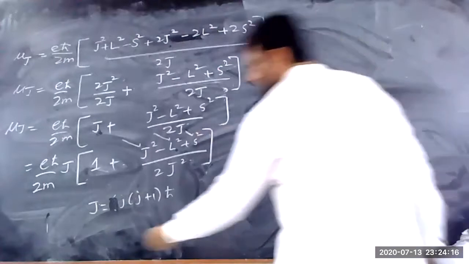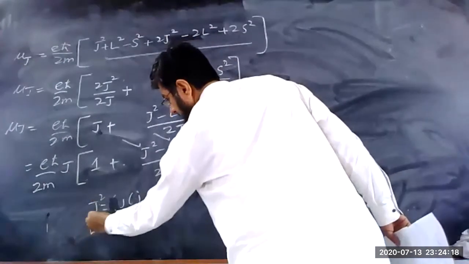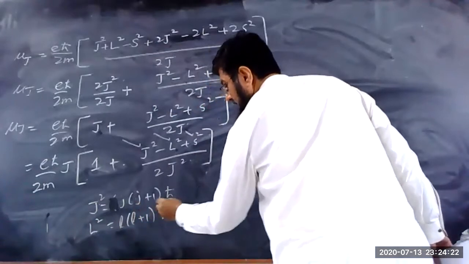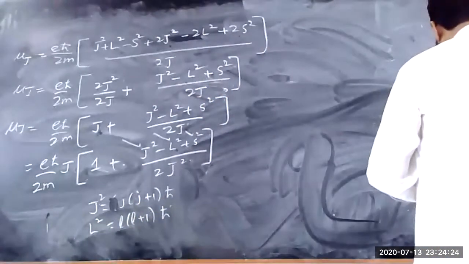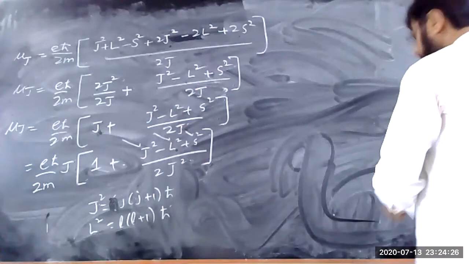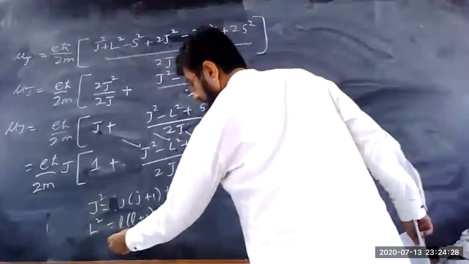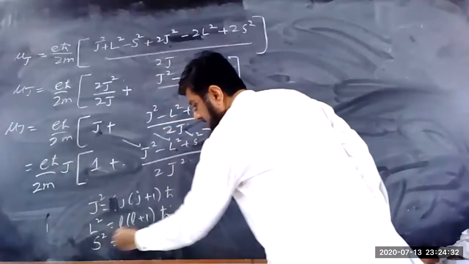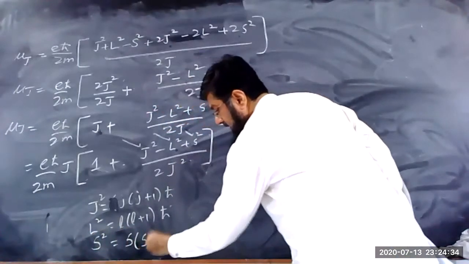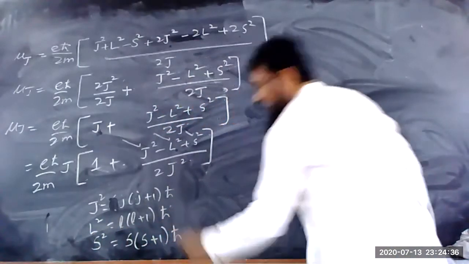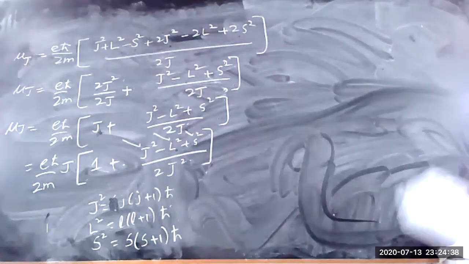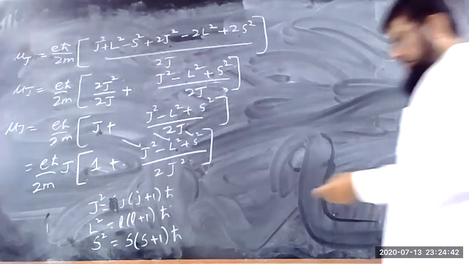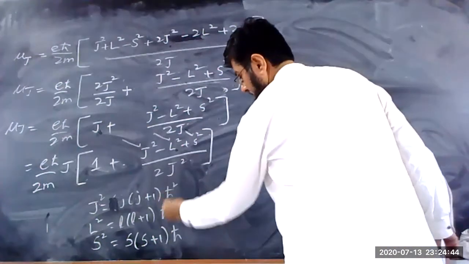Similarly, L square is equal to L into L plus 1 into h cut square, and S square is equal to S into S plus 1 into h cut square.